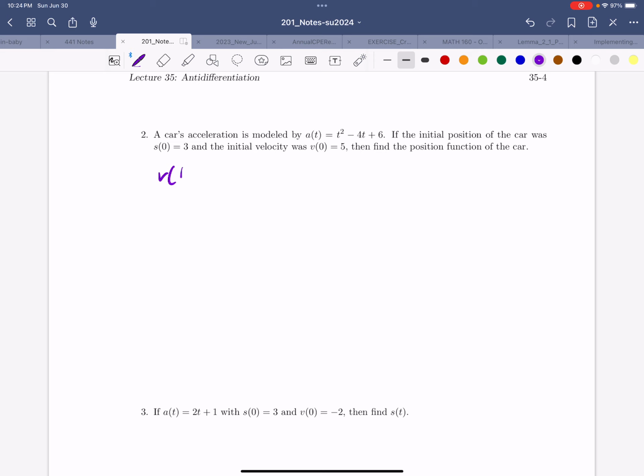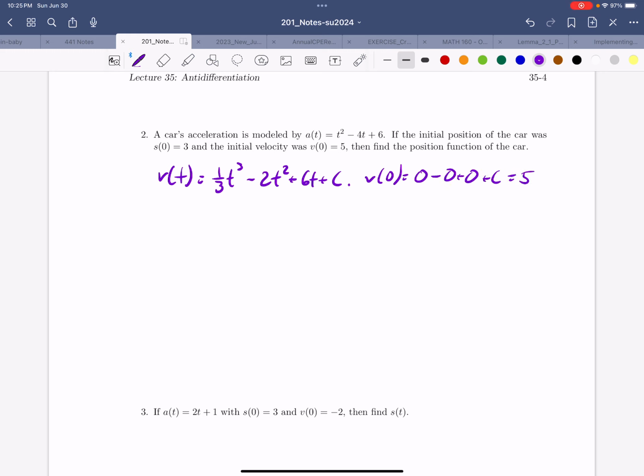So we have v of t equals 1/3 t cubed minus 2t squared plus 6t plus c. Remember the plus c. Now we're given that v of 0 equals 5, which is 0 minus 0 plus 0 plus c equals 5.